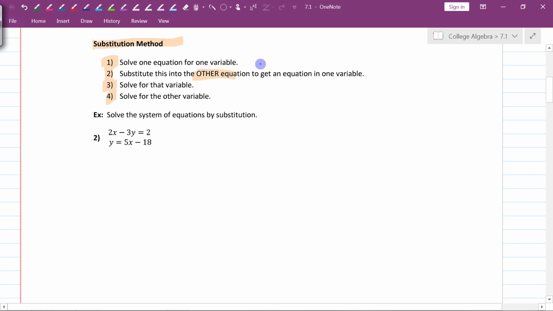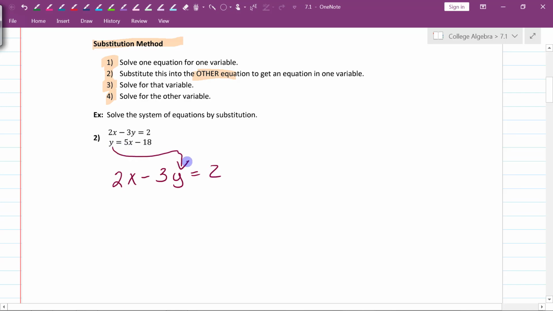So we have y is equal to 5x minus 18. That right there is step 1, y equals something. Step 2 says substitute this into the other equation. So my other equation is 2x minus 3y equals 2. So I'm going to take this information and substitute it in right there.